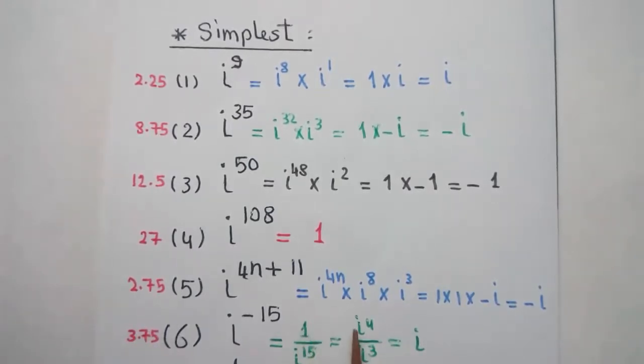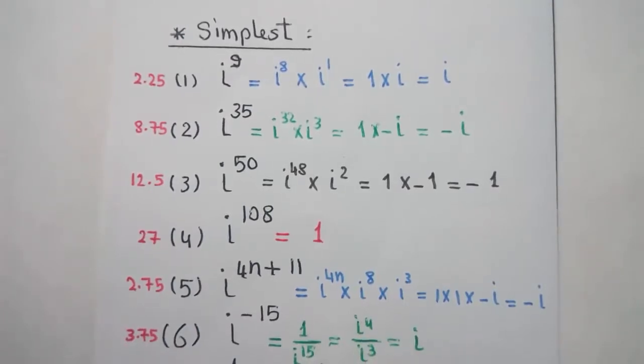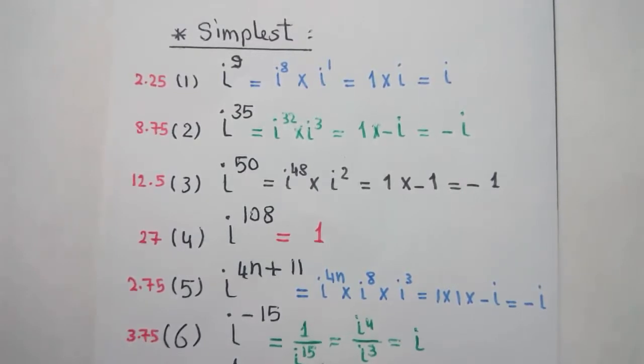To change it to i power 4, we get i power 4 divided by i power 3, which equals i. Next, 1 over i power 45. 45 divided by 4 equals 11.25, so i power 1.